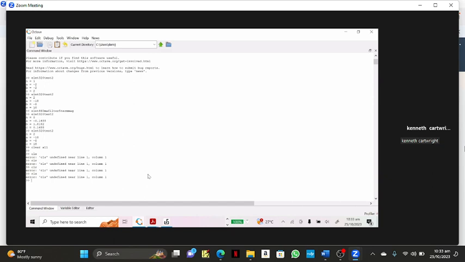I've forgotten that command because I haven't used it so long. I wanted to clear the screen, but apparently I've forgotten how to do that.